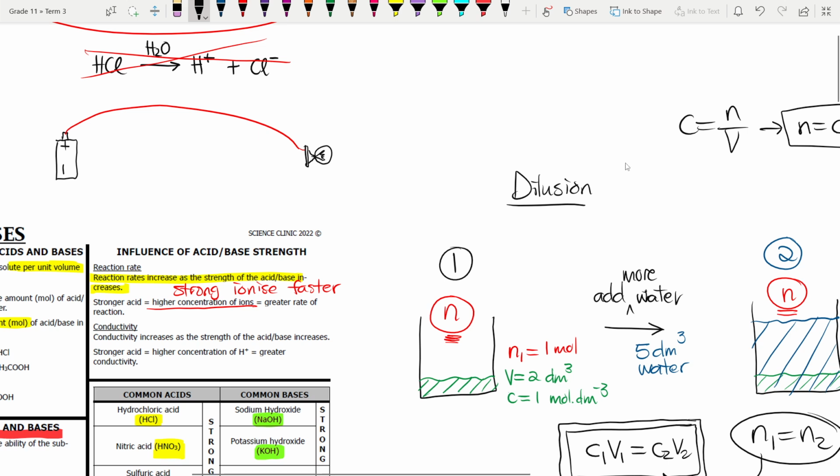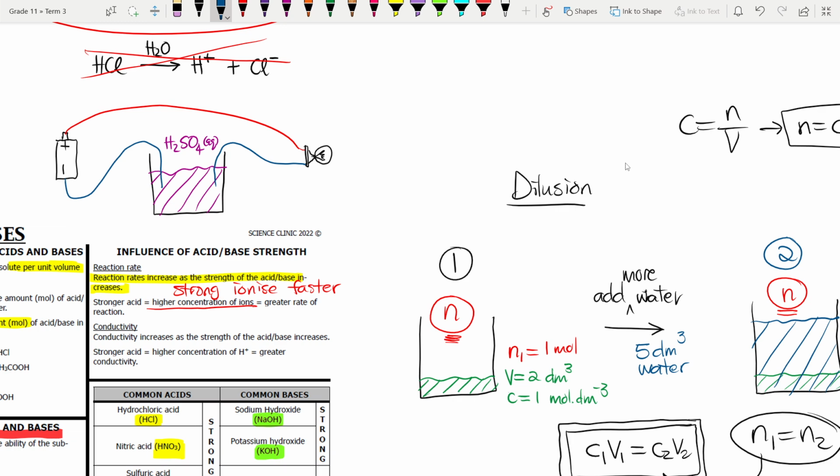I connect a light bulb on the other side, but instead of actually connecting it with the other wire, I'm going to take that wire and pass it through a solution of an acid or a base. I'll use an acid, H2SO4 aqueous. Then I take that wire from the other side of the battery, I drop it in the solution. I take another wire, I continue the connection.